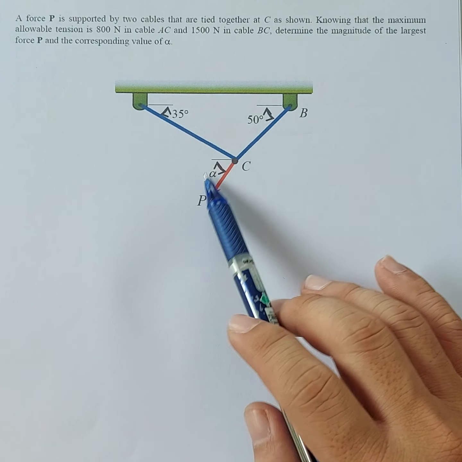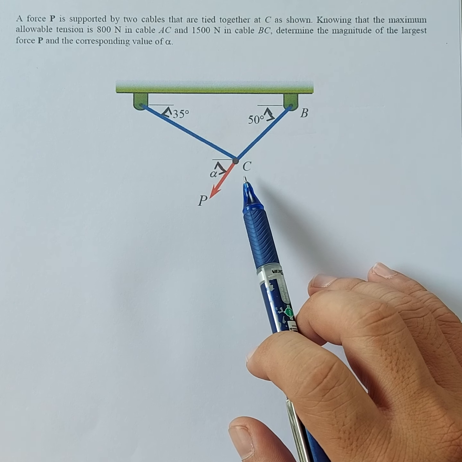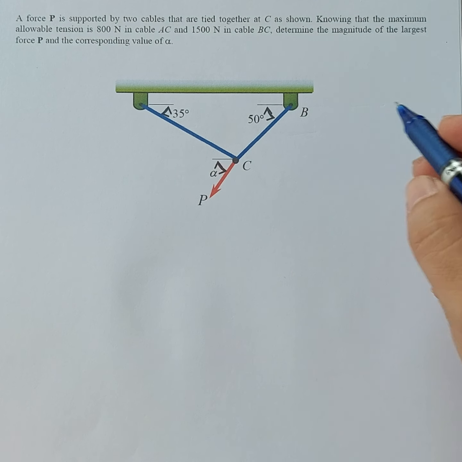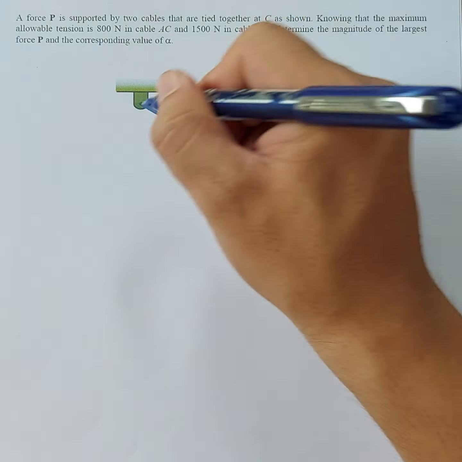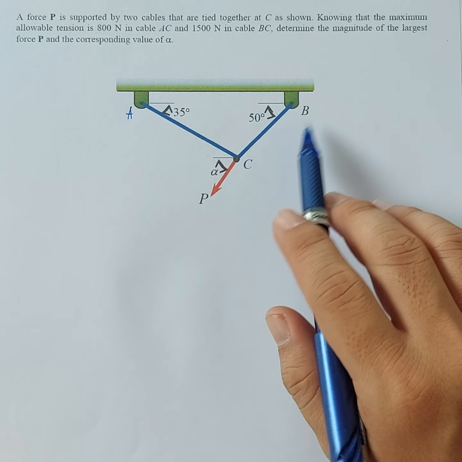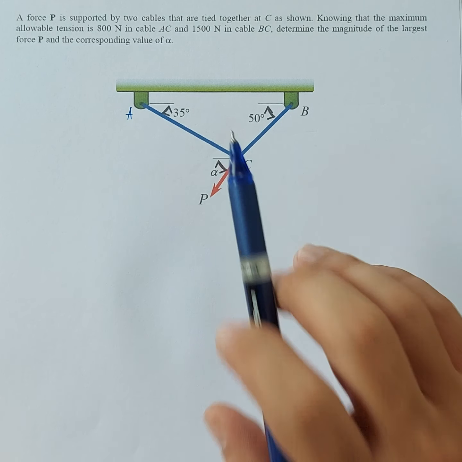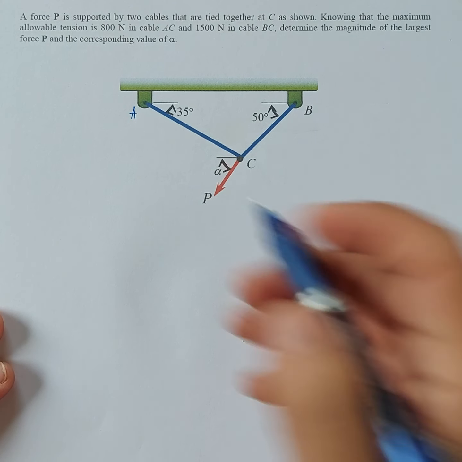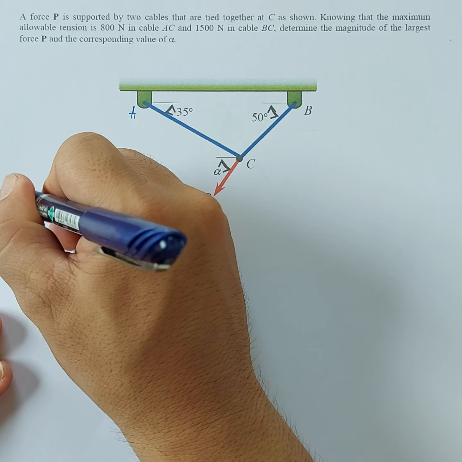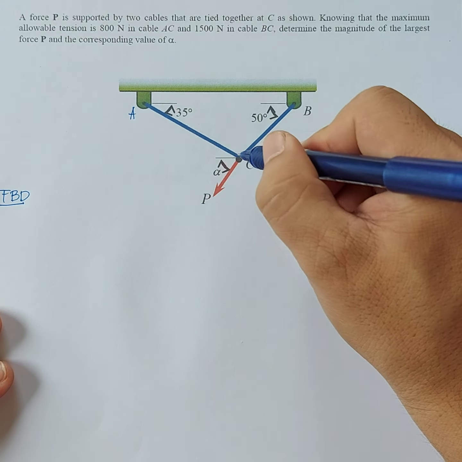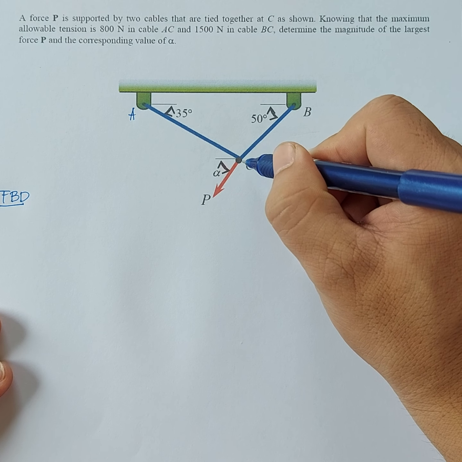So yan yung P is supported by cables AC and CB or BC. Okay, so first we need to draw the free body diagram, FBD. Free body diagram natin. So this is the particle being considered.